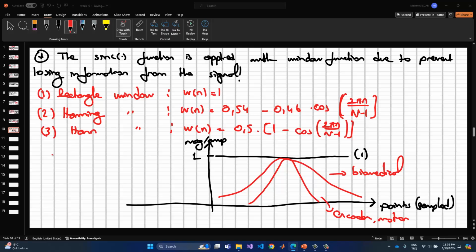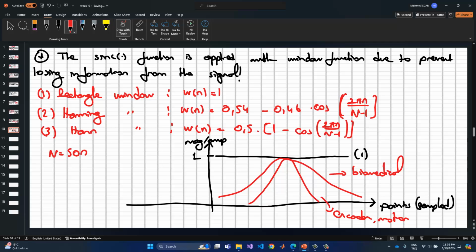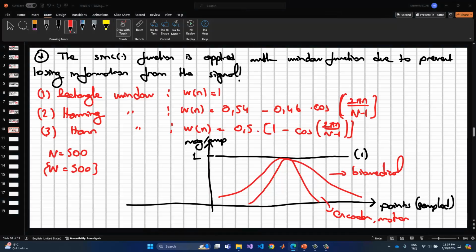For example, if we take measurements at 500 samples, the window function also has 500 points. For this rectangular window, n starts from 0 to 500. Okay. This is important.